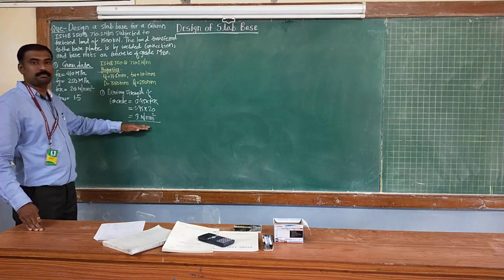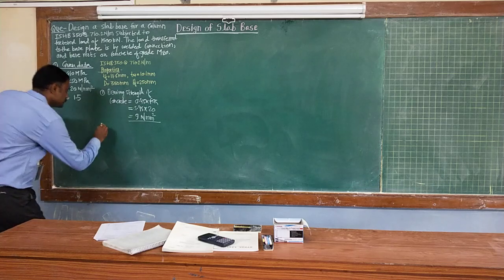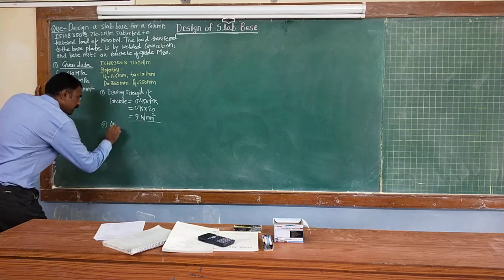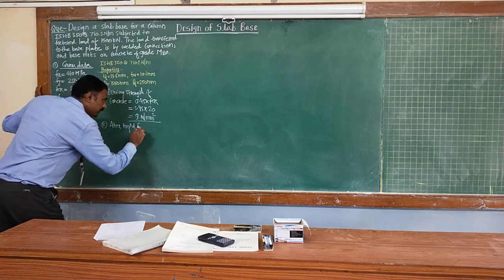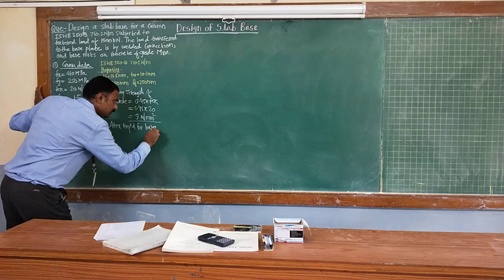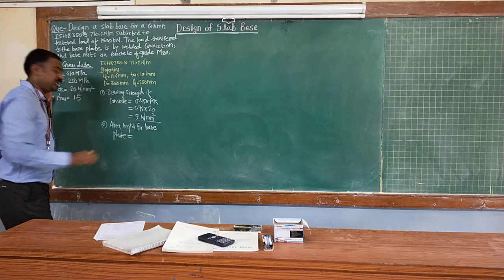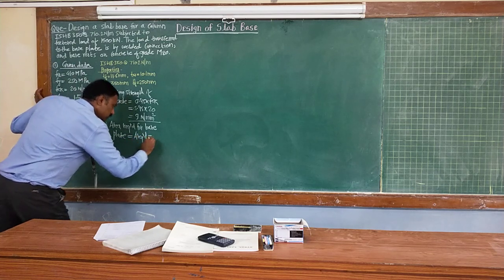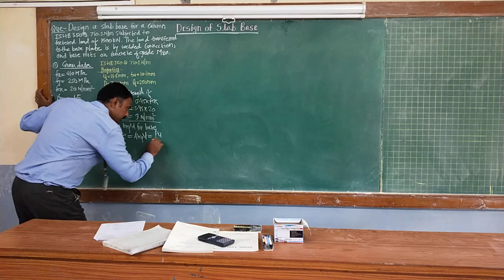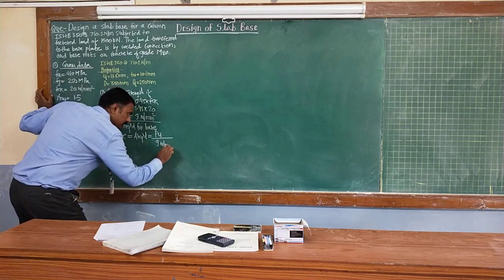For using this pressure you need to calculate the area required, correct? So step number second, area required for base plate is equal to, so area required is calculated as total load acting divided by your bearing strength, that is 9 Newton per mm square.